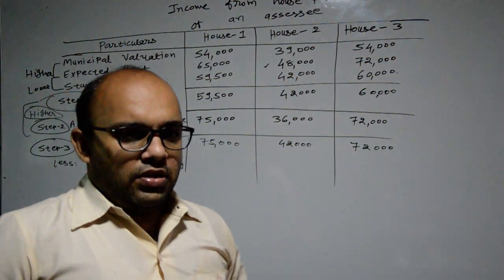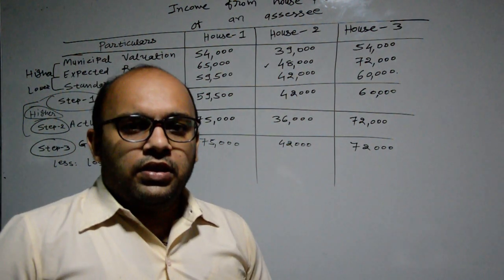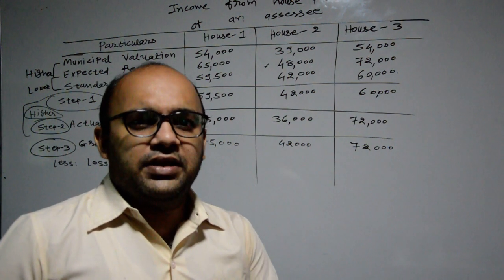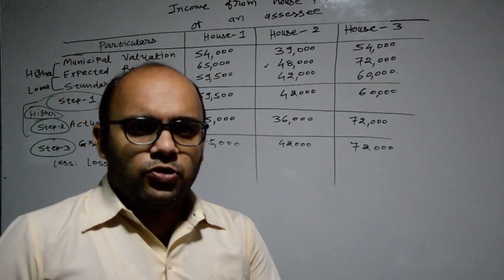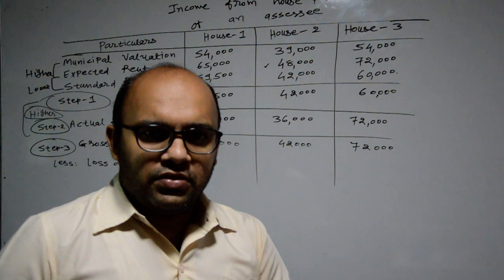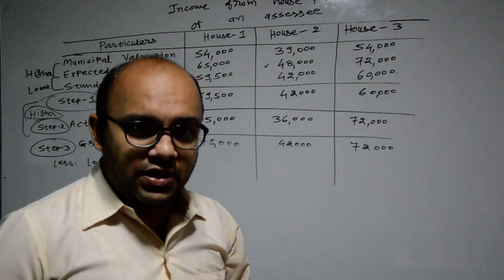But if your tenant is not there in your house and is not paying you any rent, and the property remains vacant for 2 months, you have to wait for the next tenant. It happens in real life.